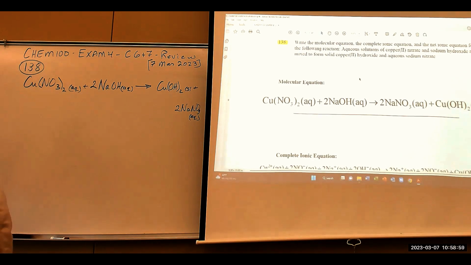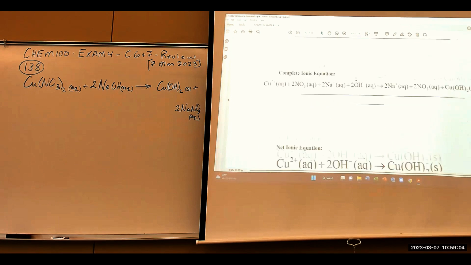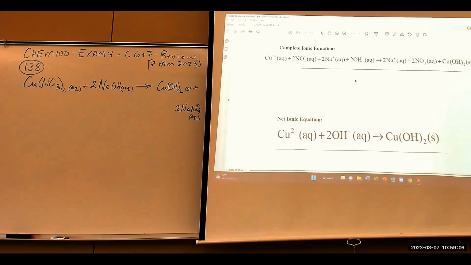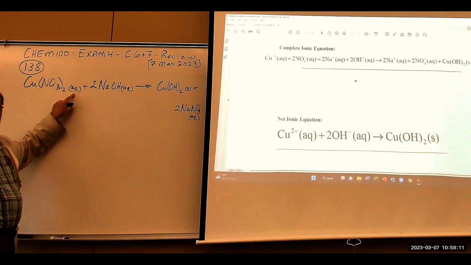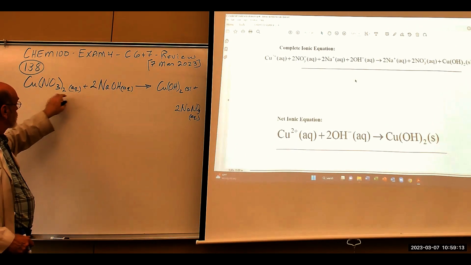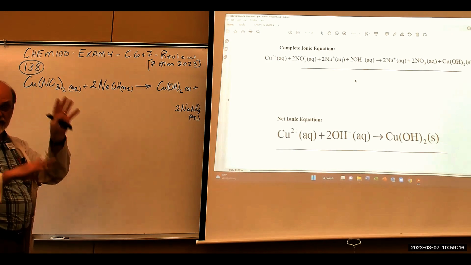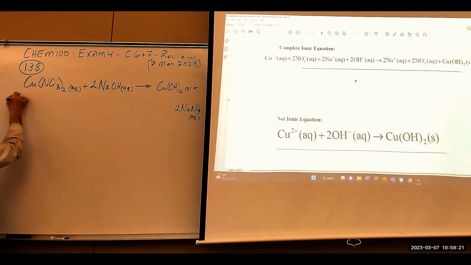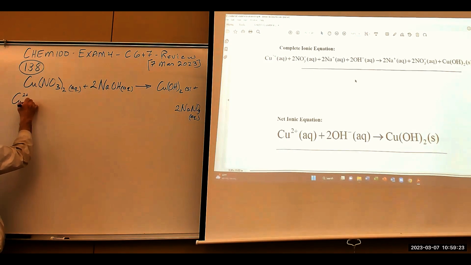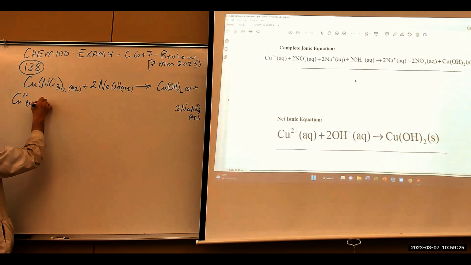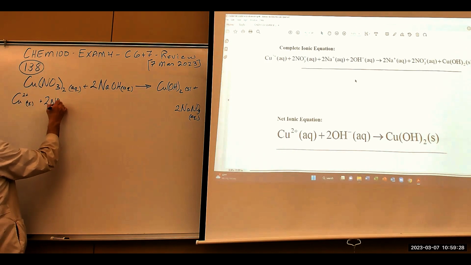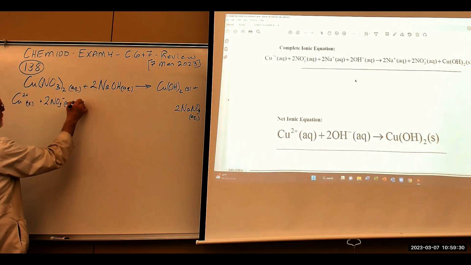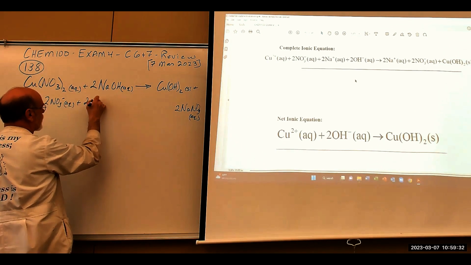So next we need the complete ionic equation. The complete ionic equation is if it's in aqueous solution, then the reality is you have individual ions floating around in that solution. We have a copper 2 plus in aqueous solution. We have 2 nitrates in aqueous solution. We have 2 sodiums in aqueous solution.